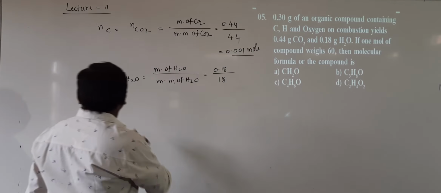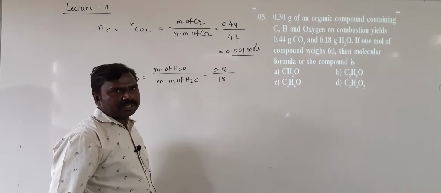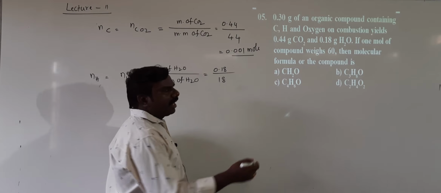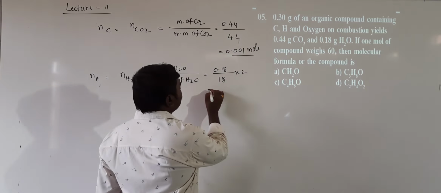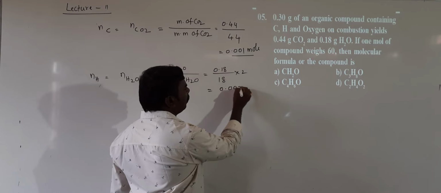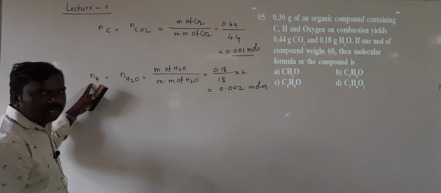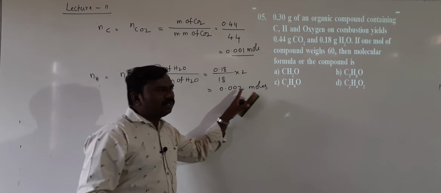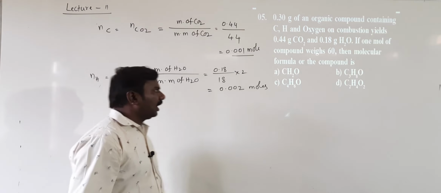And here observe, 1 hydrogen, but in water how many hydrogens? 2 hydrogens. So water contains 2 hydrogens, that is why it should be 2 times. Got it? On solving this, you will get 0.02 moles of hydrogens. H2 means 0.001, H means 0.002, that is the meaning.